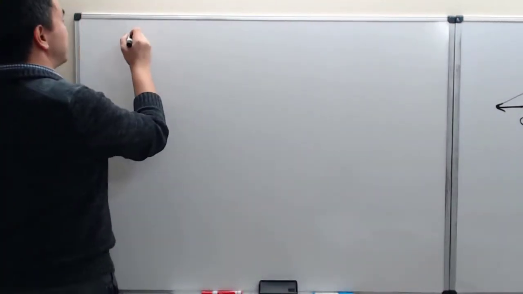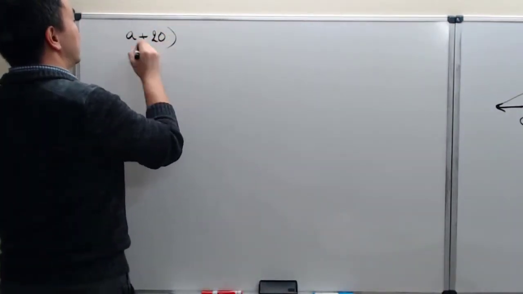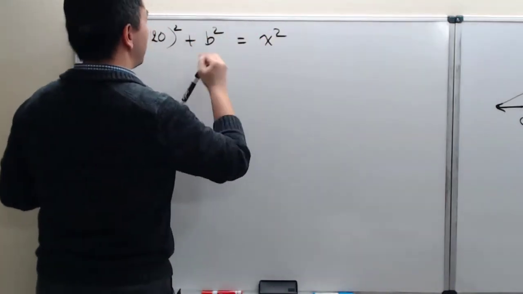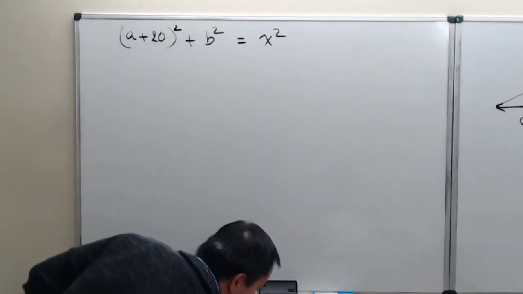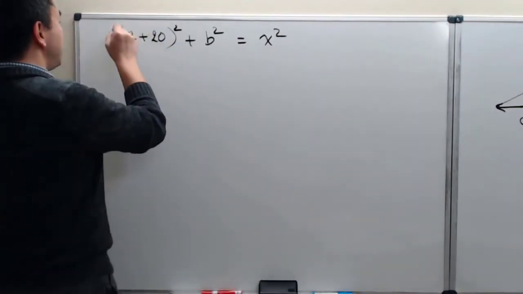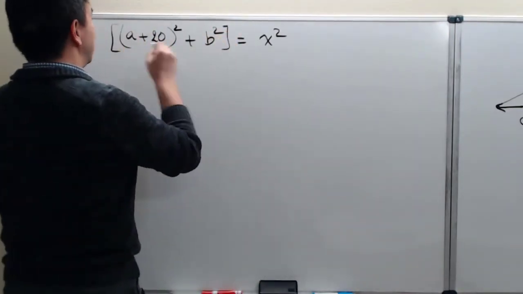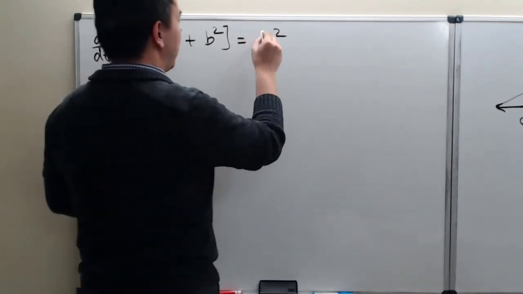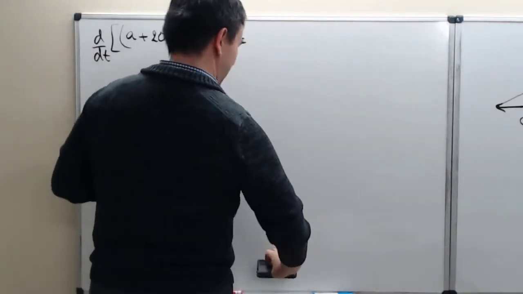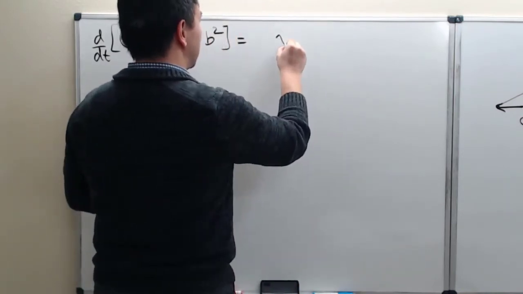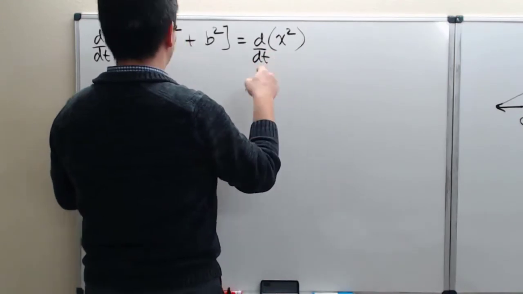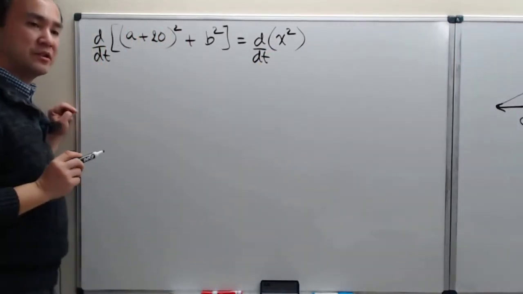So (a + 20)² + b² = x². I am going to get straight into differentiating my left hand side and my right hand side in terms of t, because I have already identified that all of our rates in this problem are in terms of t, as I have argued earlier.